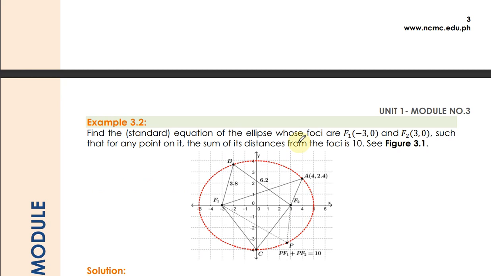Another example. Find the standard equation of the ellipse whose foci are F1 negative 3, 0 and F2 positive 3, 0, such that for any point on it, the sum of its distances from the foci is 10.